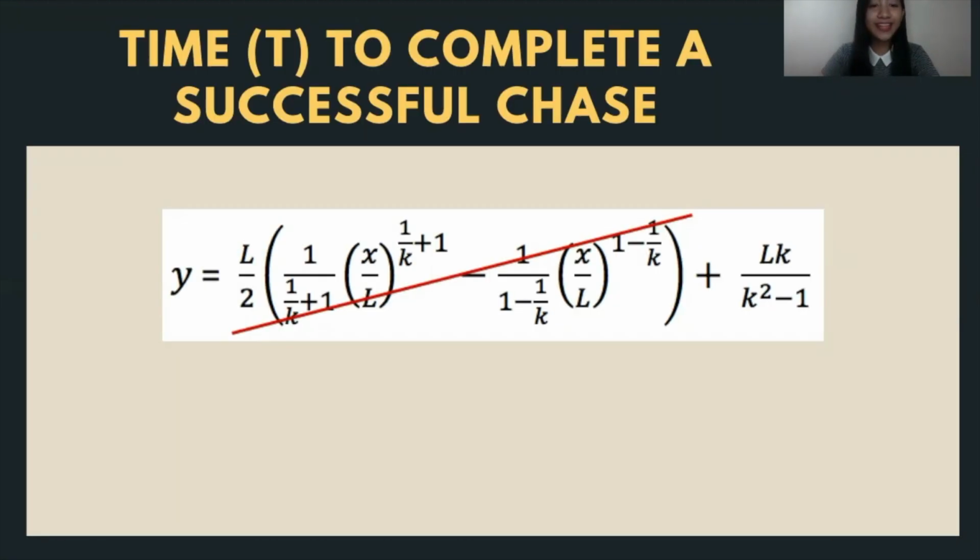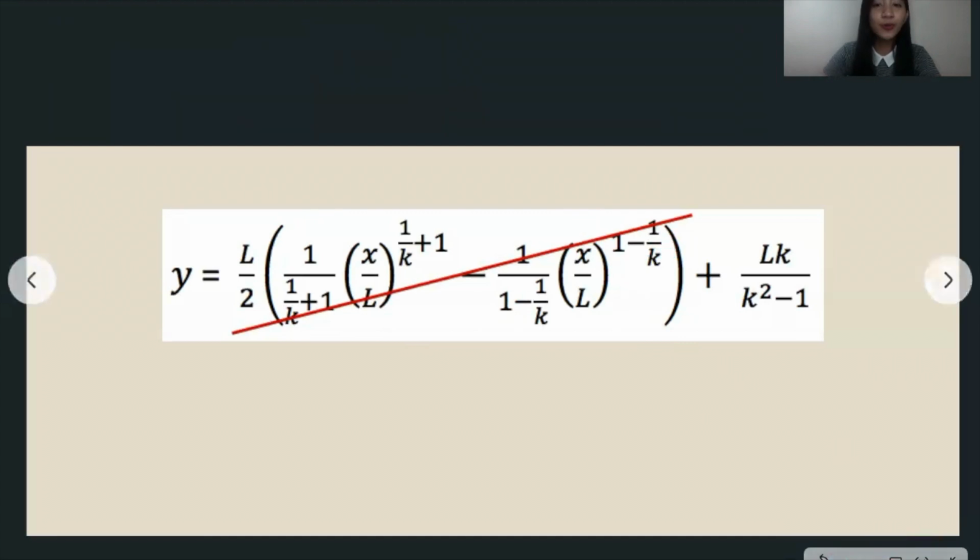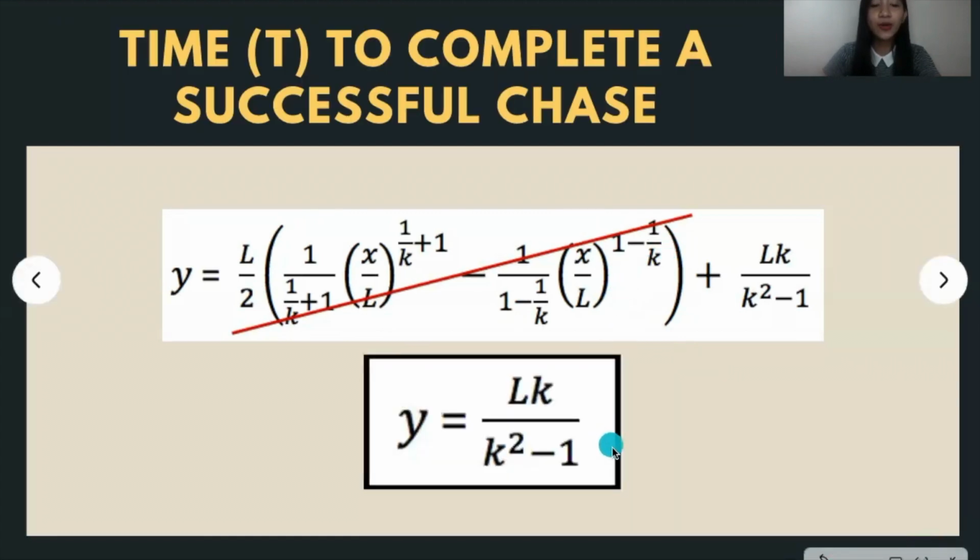For us to know the time that the cop took to catch the thief, from the equation that we have derived a while ago, which is the trajectory path of the cop, we need to make x equal to 0. So this term will be cancelled, and y will be LK all over K squared minus 1.